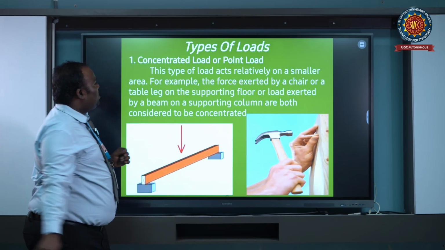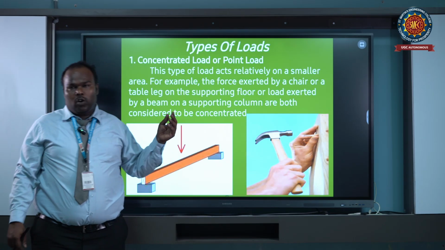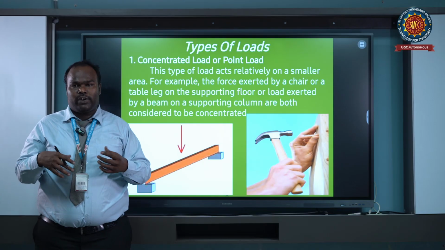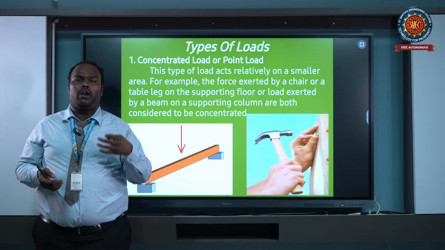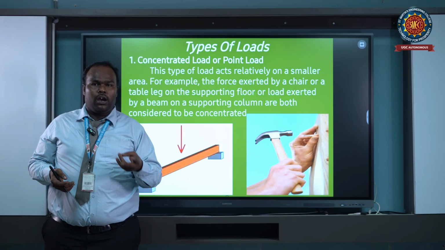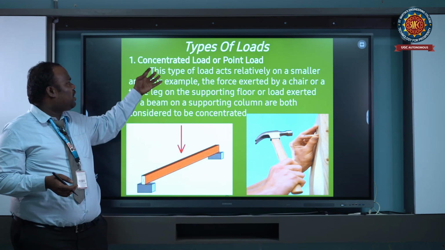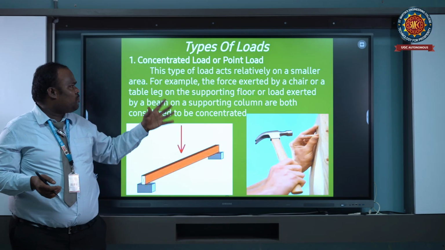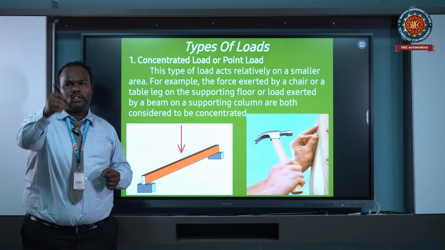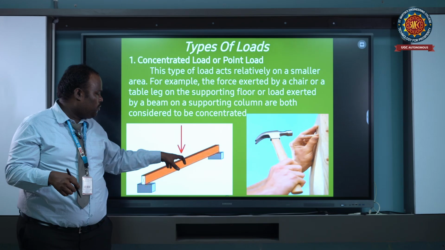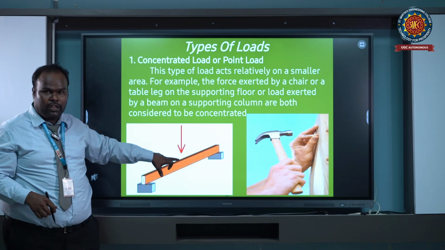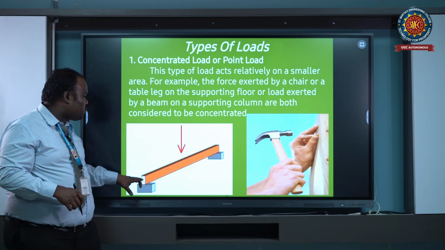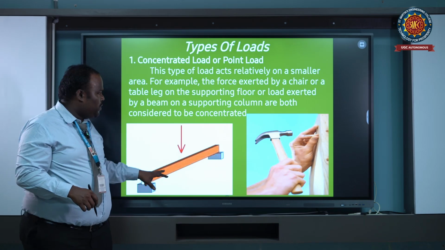And next one, types of loads. The loads acting on beams are of different types: concentrated load, UDL, UVL, and moment load. The point load or concentrated load acts on a small area. It is placed on a particular area only, and then the load is transferred through the overall beam.